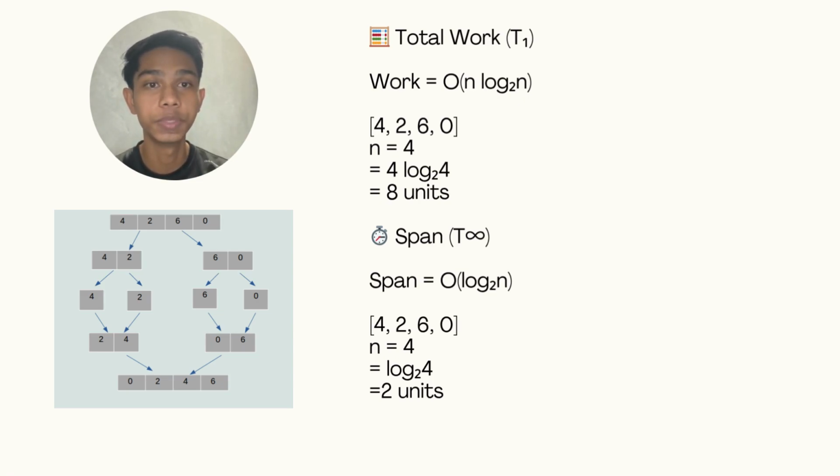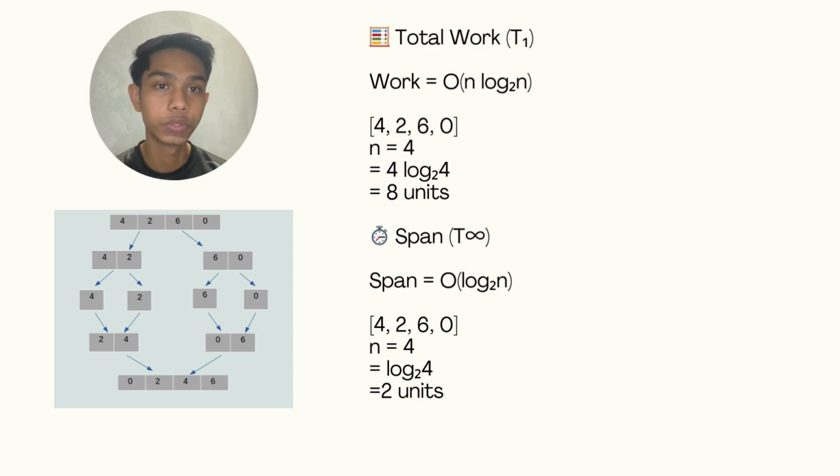The calculation is 4 multiplied by log₂ 4, which equals 8 units. This means the algorithm would perform 8 units of work if done sequentially.